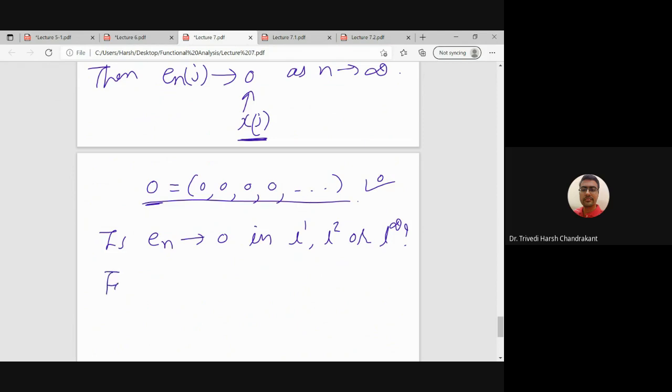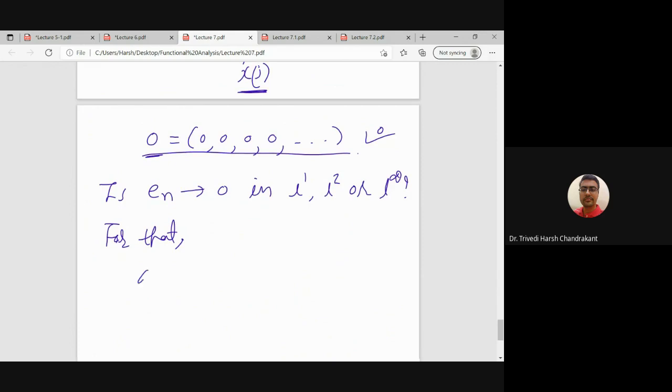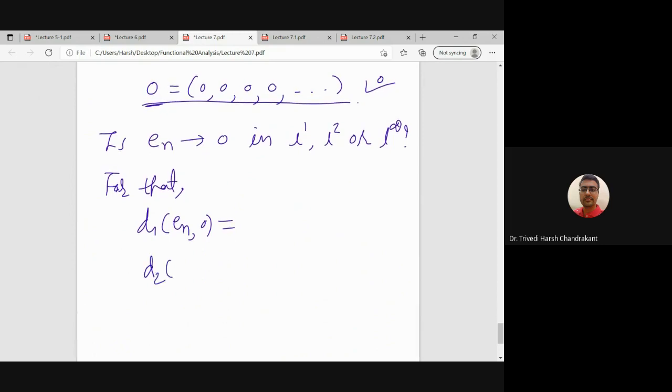So for that, of course, what we need to do is find the metric of en with 0, for 1, 2 and infinity. So what is the first distance?